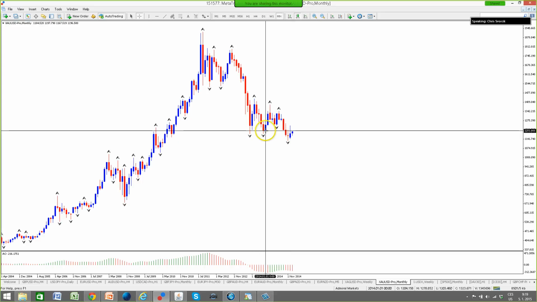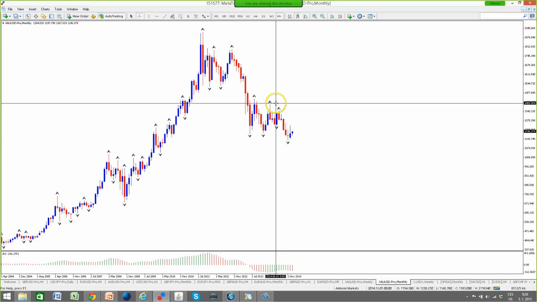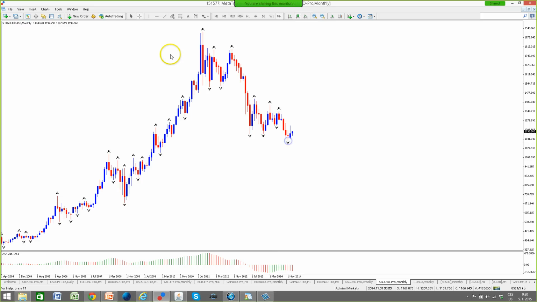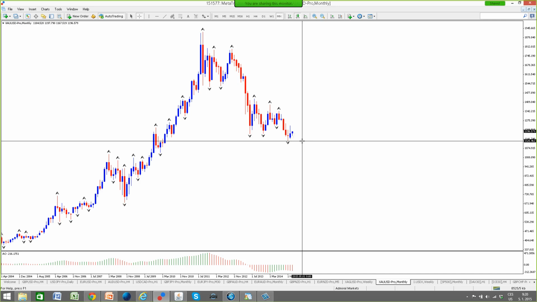Let me check that again. The open. No, that open is actually lower. It's 1204. I made a mistake. 1204 and the close 1180. So there was only actually a $20 bearish candle. Excuse me, I made a mistake. $20 bearish candle, in fact, out of a candle size of about 260, if I remember correctly here. Yeah.